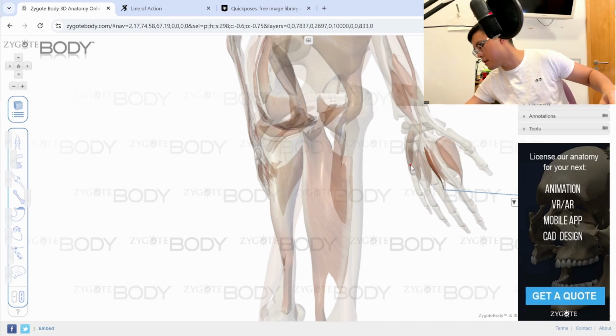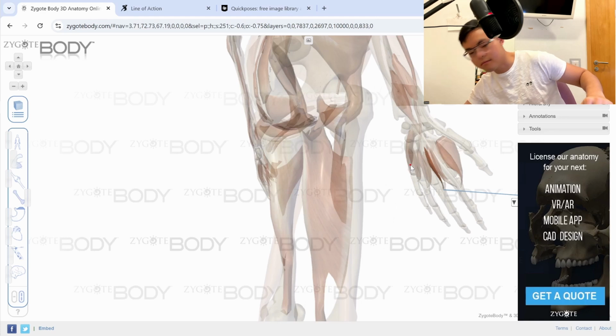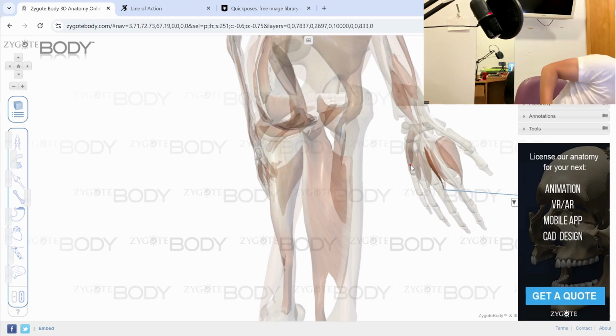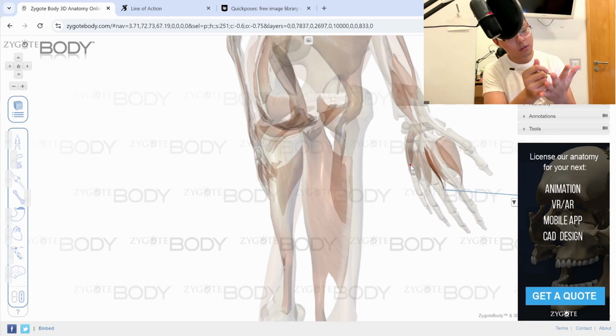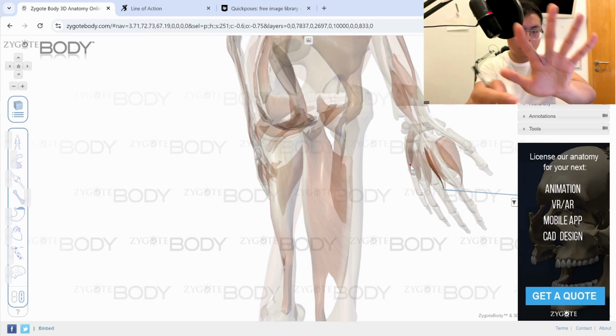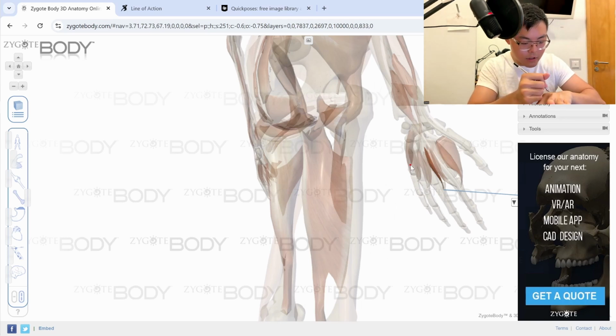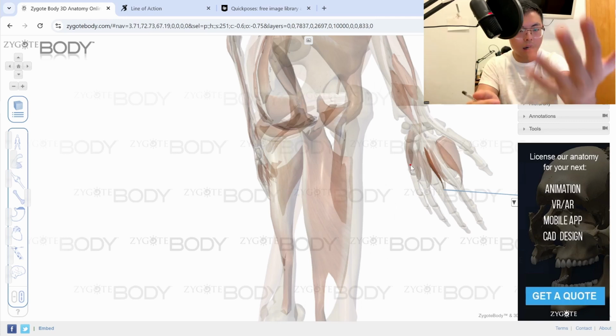So probably have to do this. There's this one. That's the palmar side muscles, and at the same time there's this side of the muscles on the other side.